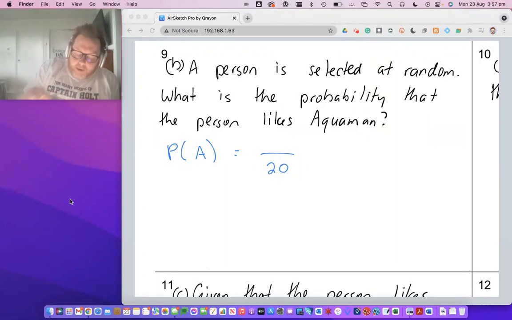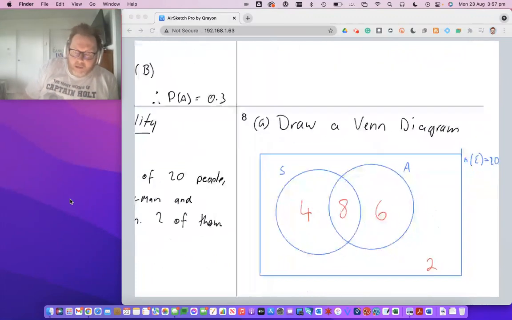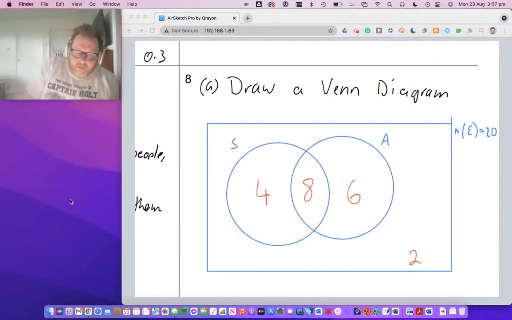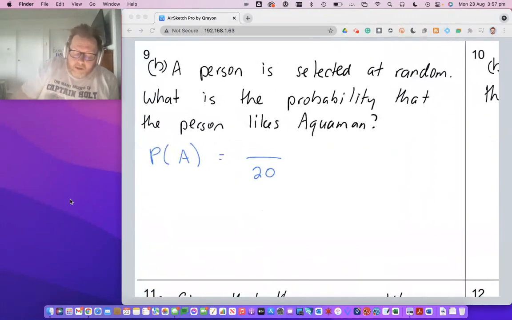And then if we go back to our Venn diagram and have a look at it, we can see that there is a total of 14 people who like Aquaman. So that becomes the top number, 14 over 20, which is the same as 7 over 10. You can make it 0.7, you can make it 70%. There's no need to, unless you think it'll be useful. There's B done.